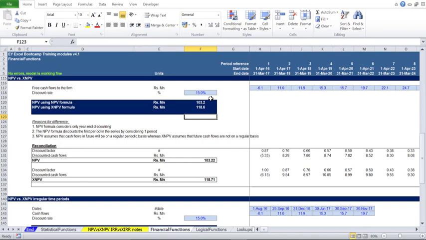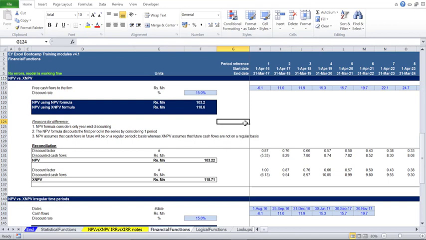Now, there are two ways of calculating net present value in Excel, which is Excel provides us with two functions. The two functions are NPV and XNPV. There are a couple of differences between the two functions, which we will shortly see.